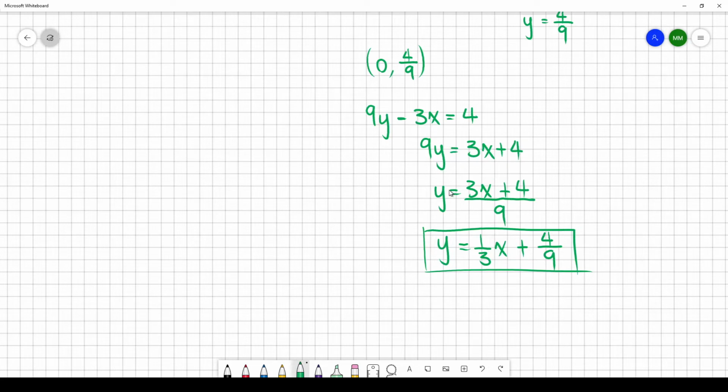Remember, by equation manipulation, I didn't change the equality. So this equation is the same as this equation over here. Oh, I don't need to box the whole thing, I just need this because this is the slope. That's all we care about when we manipulate it.